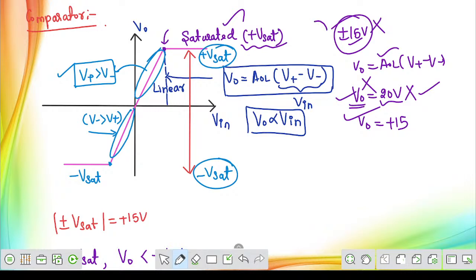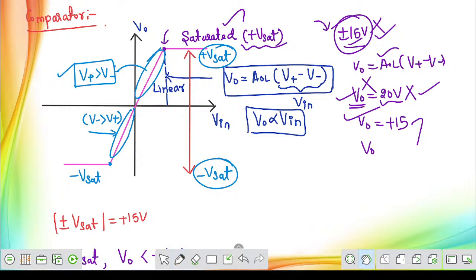If the saturation voltage is mentioned, then you have to identify whether the resultant output voltage is greater or less than the saturation voltage. If it is less, there is no problem. If it is greater, then the saturation voltage itself will be the answer. Hope you understand. This is an important characteristic of the operational amplifier.